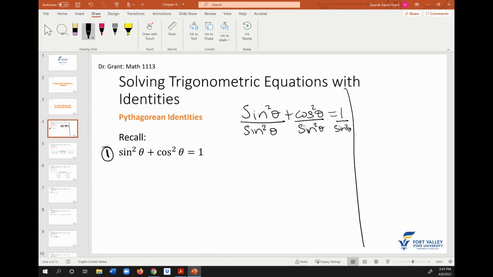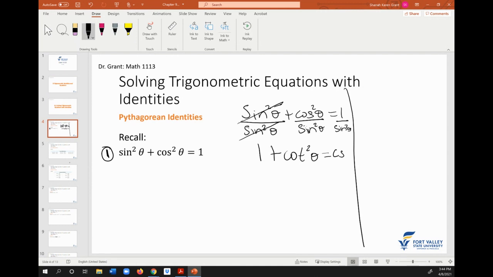Sine squared theta divided by sine squared theta gives us 1 plus cosine squared theta divided by sine squared theta, which is cotangent squared theta. And 1 divided by sine squared theta gives us cosecant squared theta.